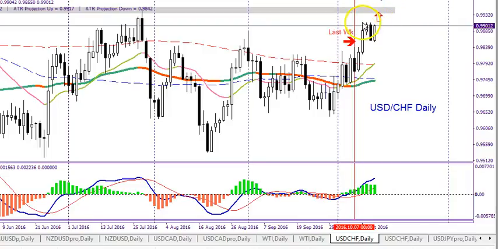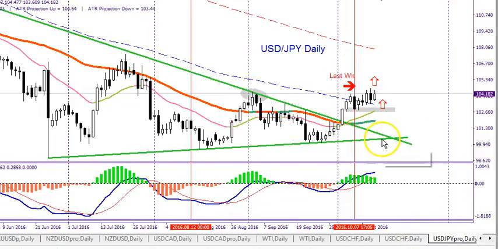So you could take a short-term buy trade just above this high right here, and the short-term buy would be above the 0.9915.